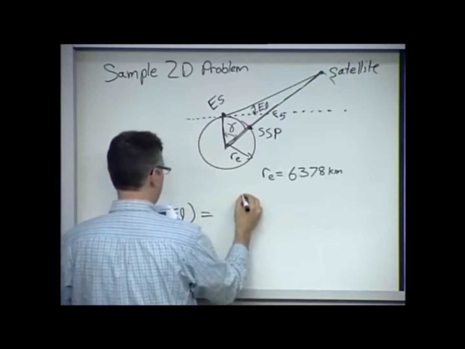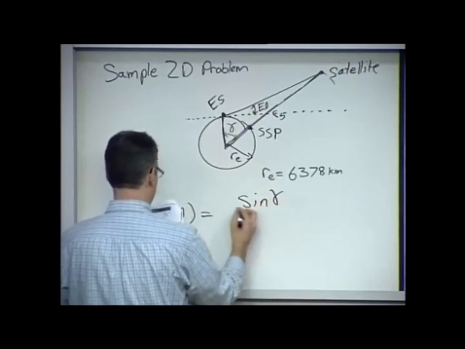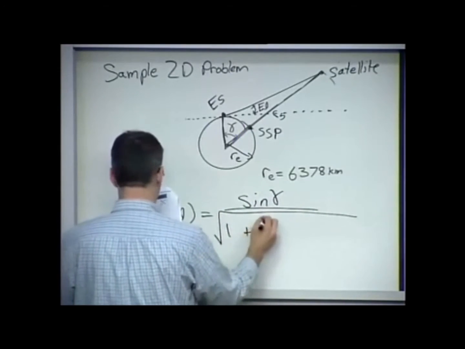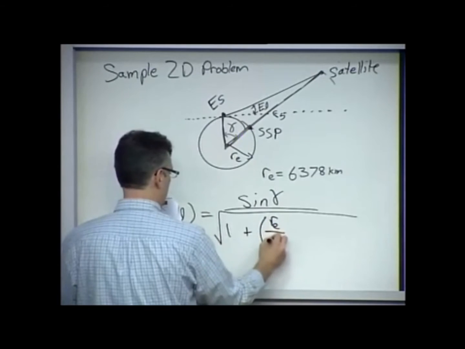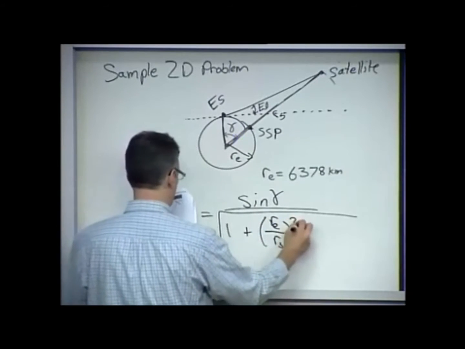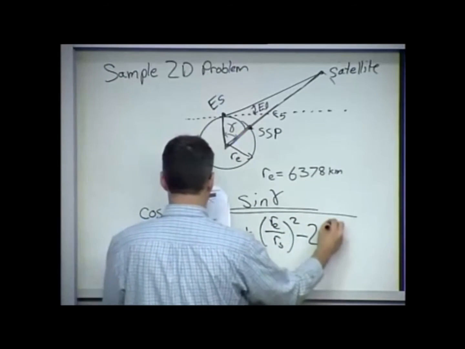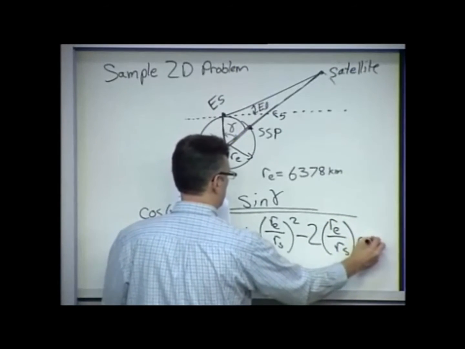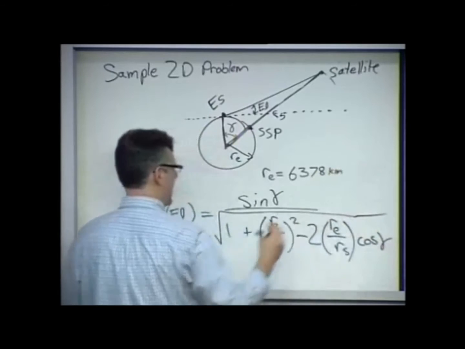And if I have that, then I take the sine of that gamma, and I divide it by the square root of 1 plus (RE over RS) squared minus 2 RE over RS cosine gamma.